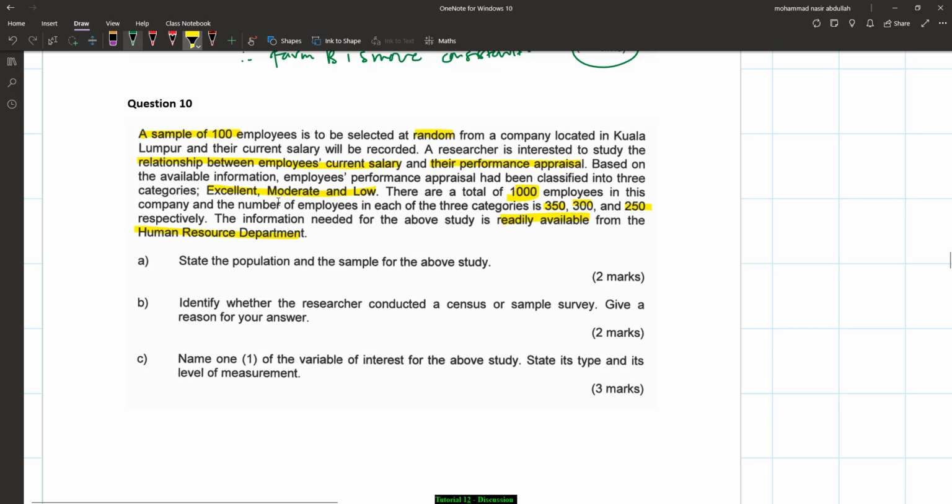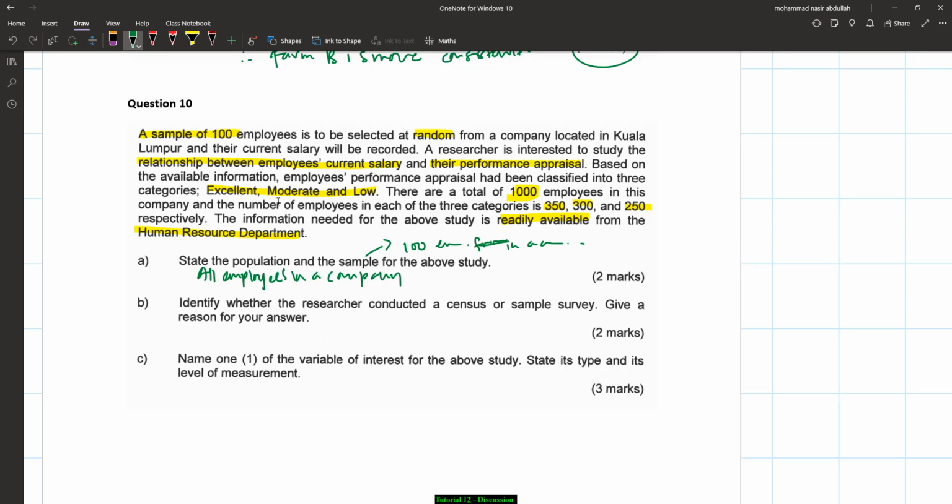So the population is all employees in a company. A sample is 100 employees from the company.